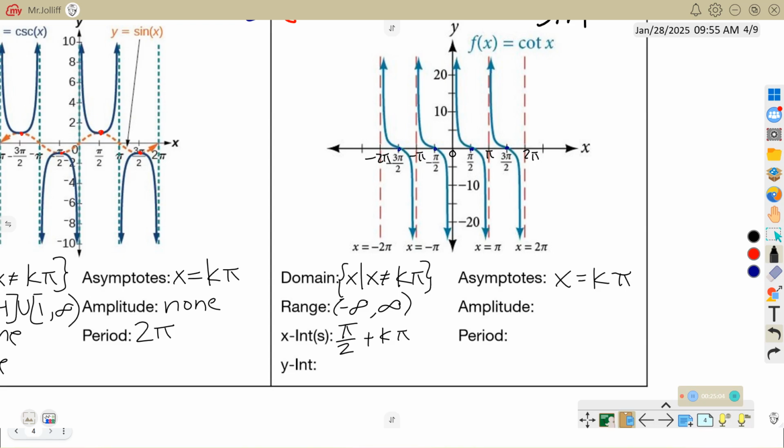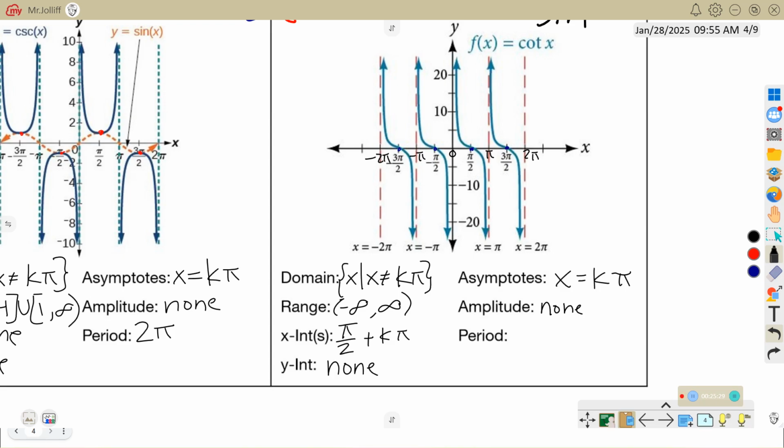Y-intercept. None. This guy doesn't have one. We know he doesn't have an amplitude. He's not a wave. And then how often does he repeat? Pi or 2 pi?